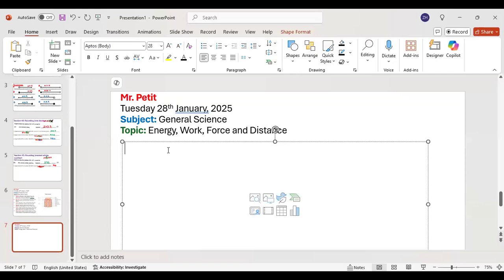Anyone want to try? What is energy? Energy is something that helps you to do something. Energy for a car is gas, and for humans it's food. It's something that helps us do stuff, an activity.